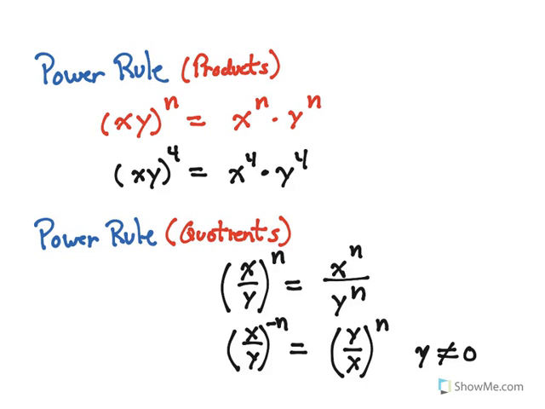All right? So let's go to the next slide and do our first example. So let's say you had x to the 1/2 power, and you're going to raise that to the 1/3 power.